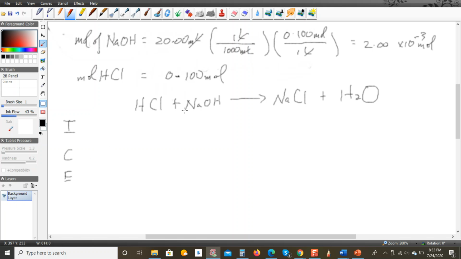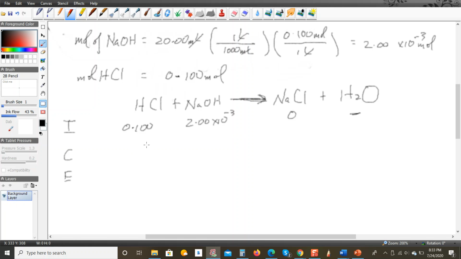It won't be equilibrium because remember all acid-base reactions go to completion, right? So that's why we have a one directional arrow indicating that we don't have the two arrows going back and forth. All right, so far we have the moles of hydrochloric acid, which is 0.100, and the moles of sodium hydroxide, which is 2.00 times 10 to the minus 3. We have none of the sodium chloride, and we don't need to concern ourselves with water.